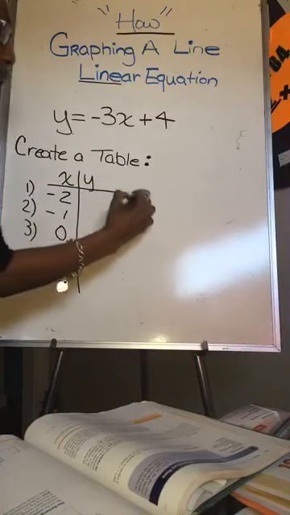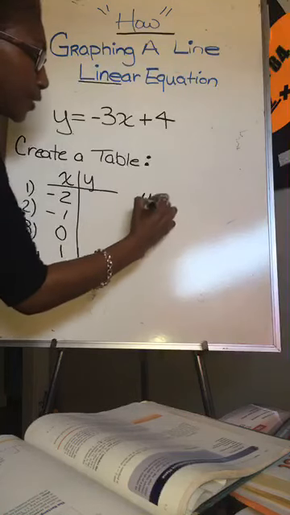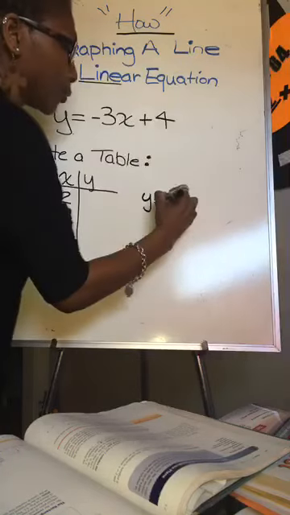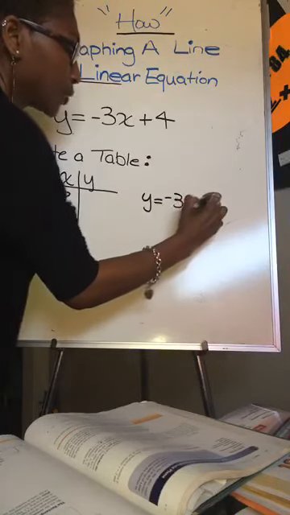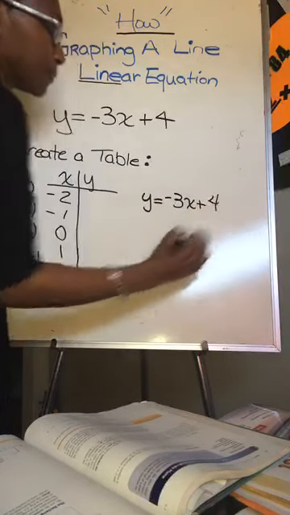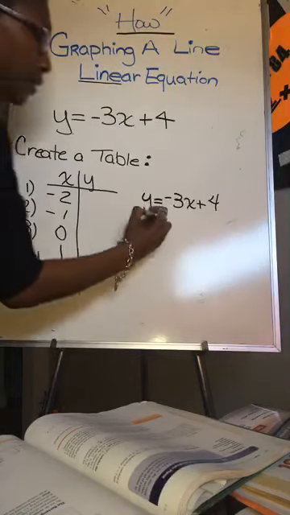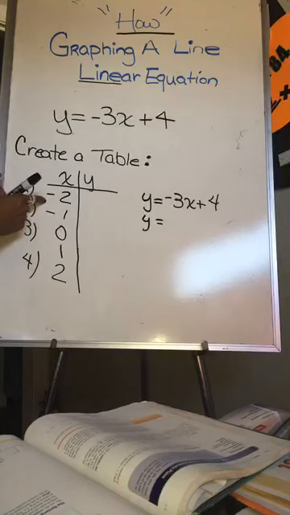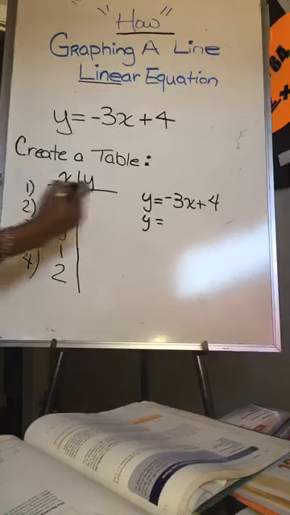So I'm going to do an example here. We're going to take -2, where I'm going to rewrite the equation, -3x plus 4. And I'm going to substitute, or plug in, -2.